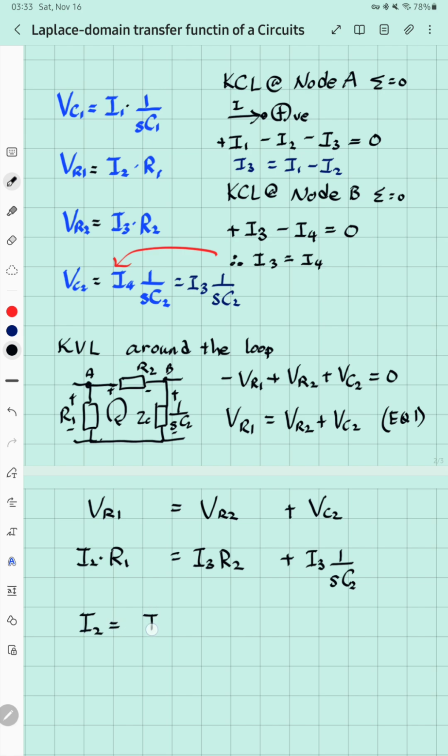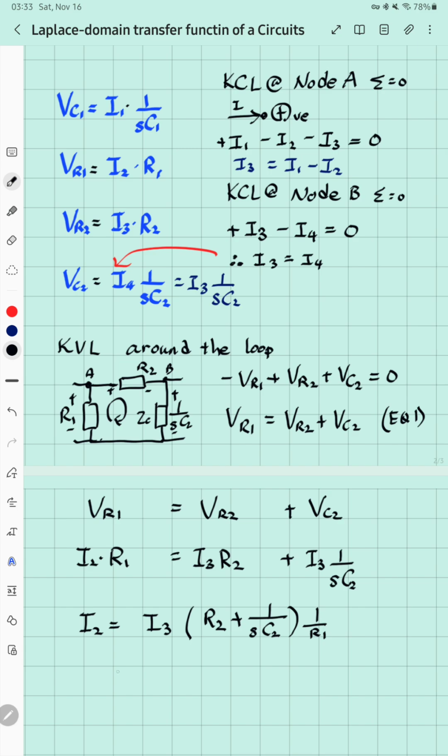That would be I3 times the bracket R2 plus 1 over SC2, divided by R1.